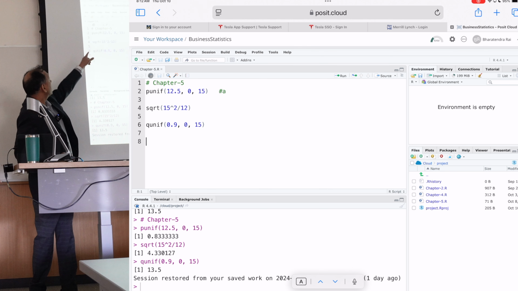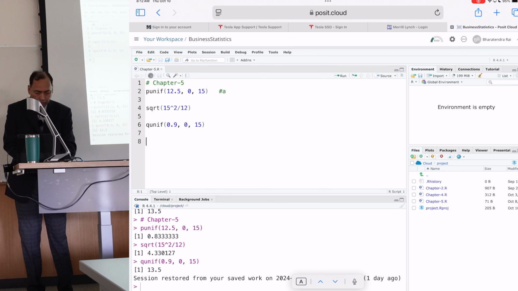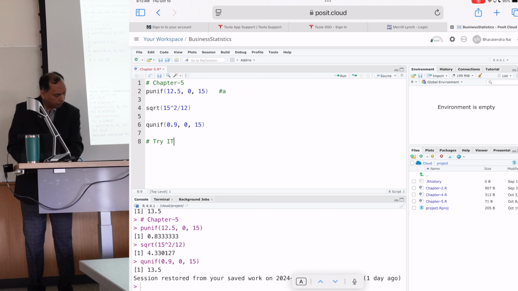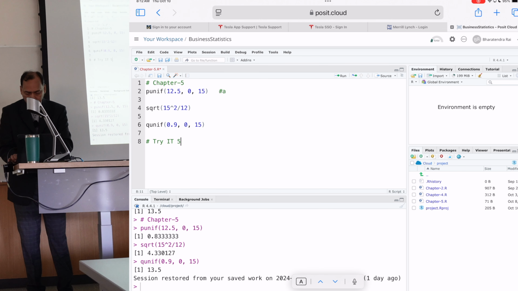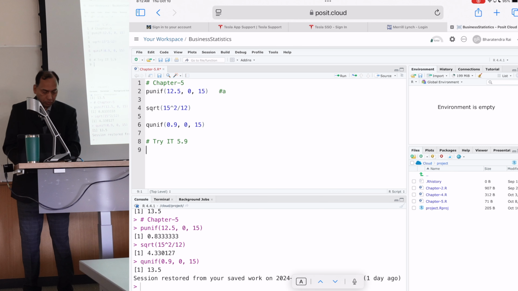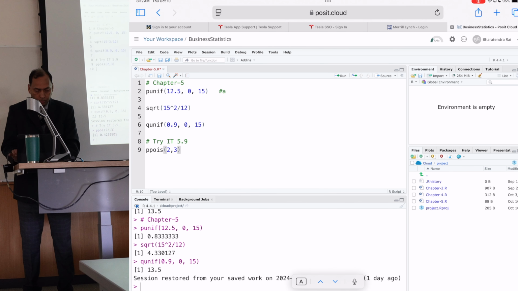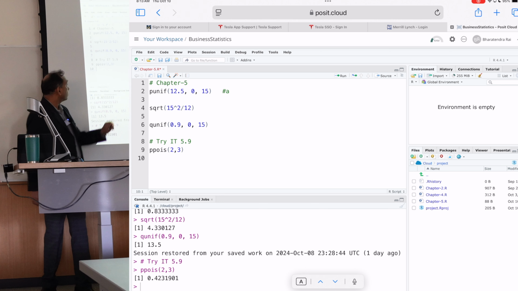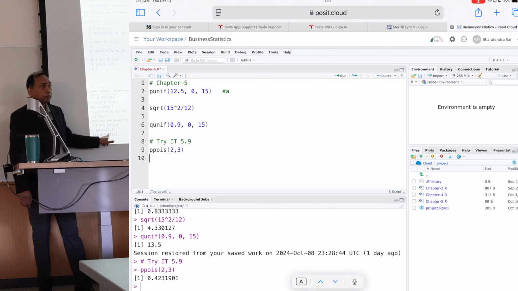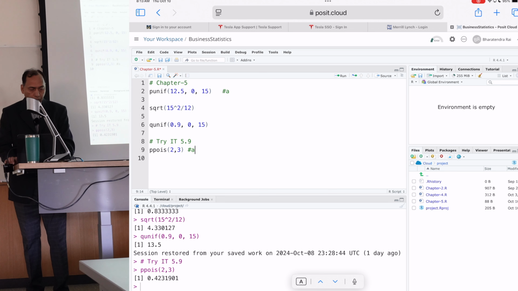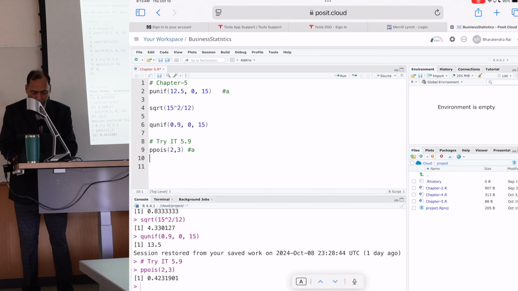So I was using this chapter number 5, and this one is Try It 5.9. For A we used the Poisson function, so that's what gave us 0.423. So this was part A. And for B we use exponential, so PEXP 2.